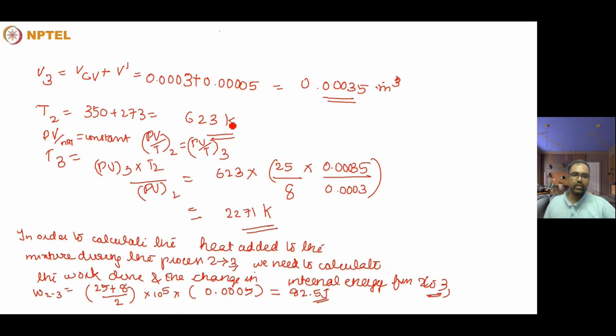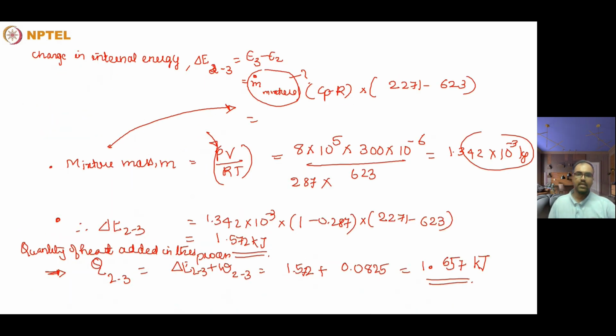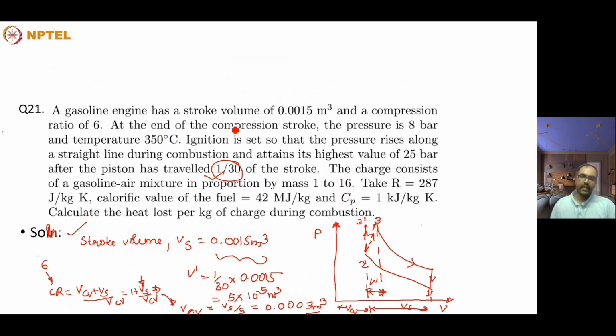In this particular problem, we know the mass of the mixture to be 1.342, and the air to fuel ratio is 16:1. So the actual proportion of the fuel in the air fuel mixture will be 1 by 17, which is 1 plus the air fuel ratio.